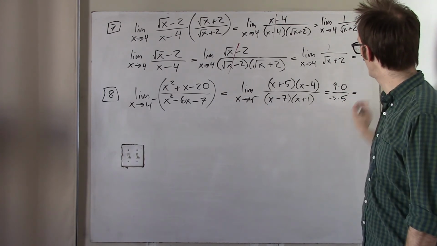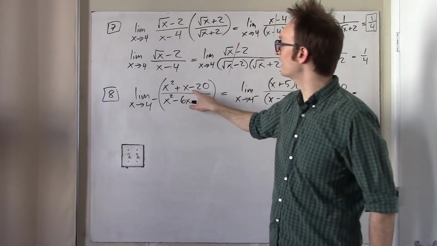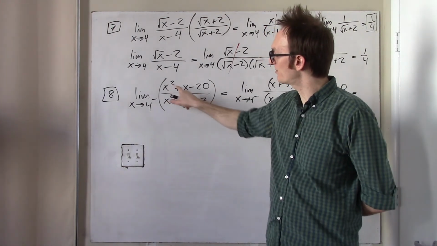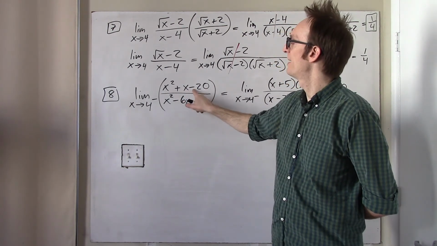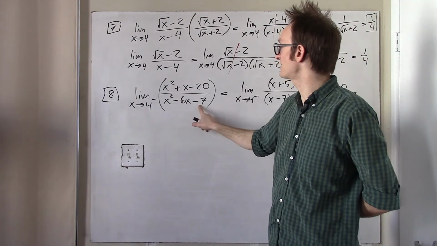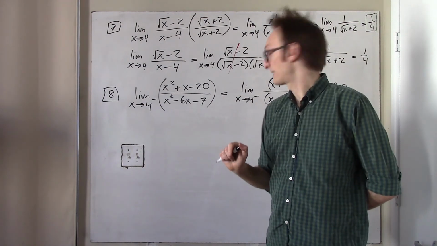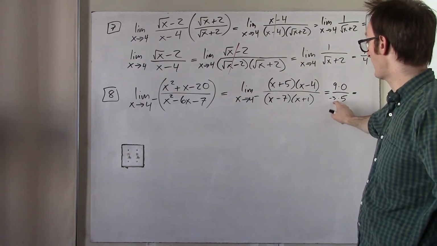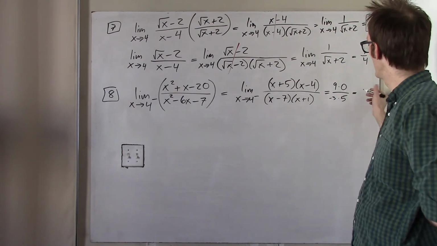So it turned out that all this factoring was kind of irrelevant. I could have just plugged in 4 directly at the beginning and gotten 16 plus 4 is 20 minus 20 is 0, but the denominator is just not 0. It's 16 minus 24 is negative 8 minus 7 is negative 15, which I also got this way. And so this is something that's pretty much 0 over a normal number, and so the answer to this is just 0.